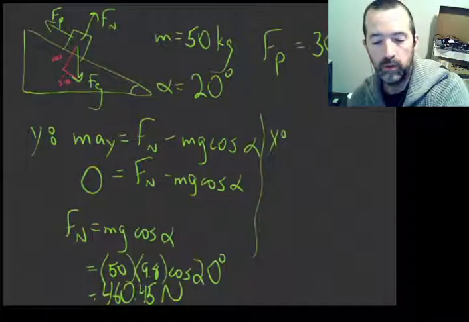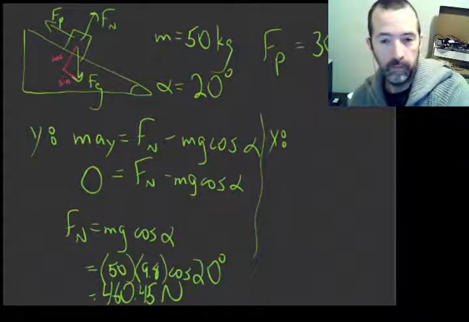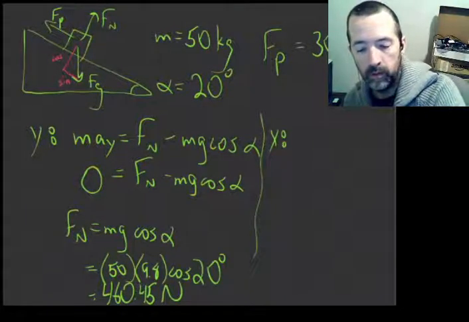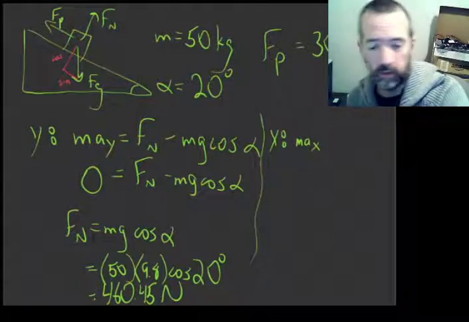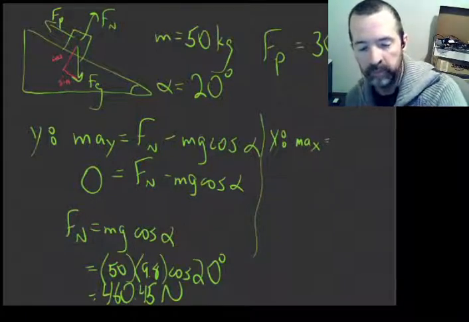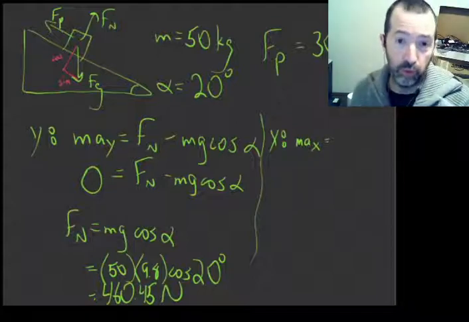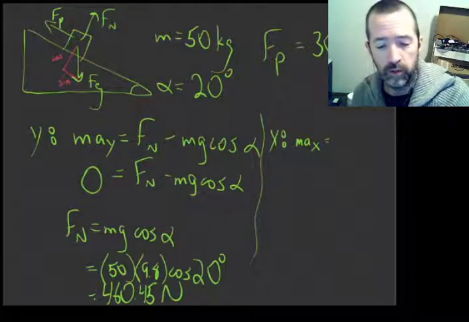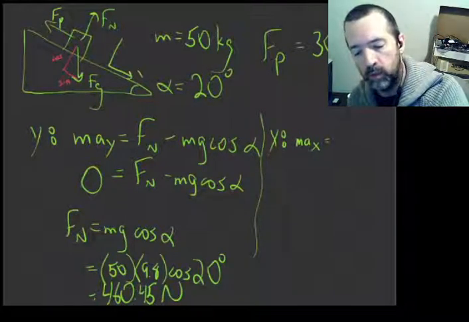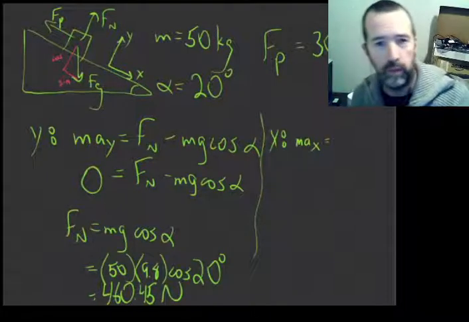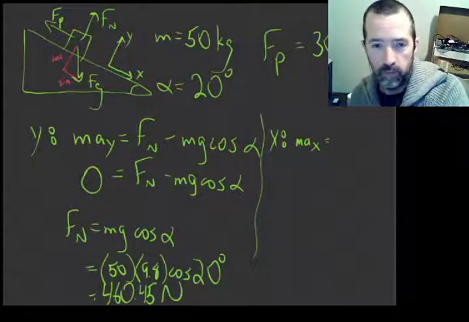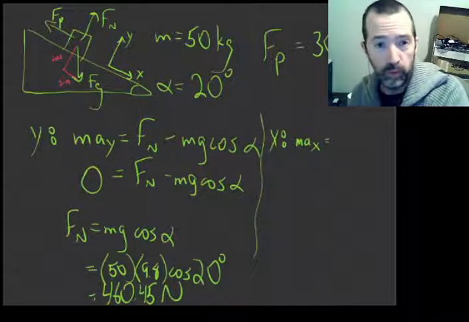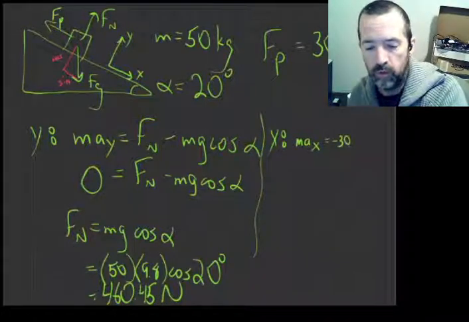Okay, x direction. m a_x, still legible. In the x direction, I've got the push. That push is in the negative x direction, if I want to keep my coordinate system arranged as usual. So there is the push, which is going to be negative 300.